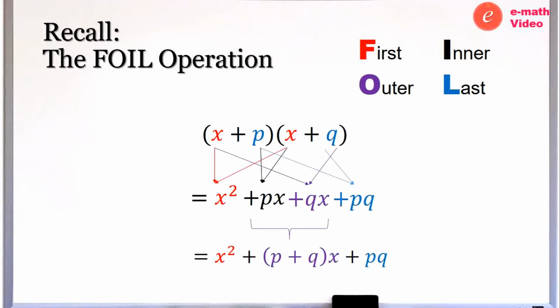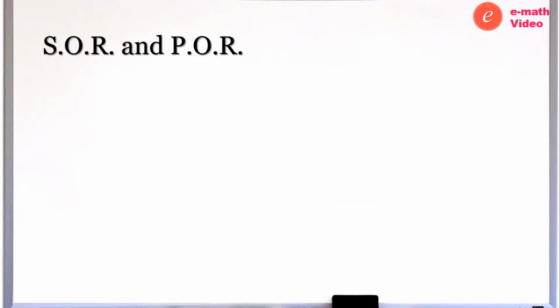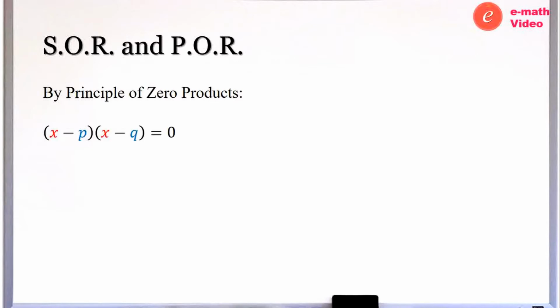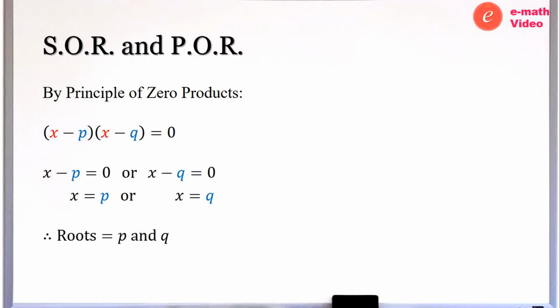And we are done. For a quadratic equation, according to the principle of zero products, if bracket x minus p, bracket x minus q equals 0, then x minus p equals 0 or x minus q equals 0. So x equals p or x equals q. Hence, the roots are p and q, no matter whether they are real or complex.